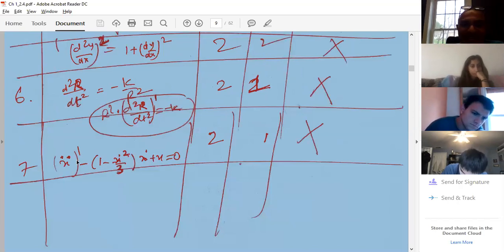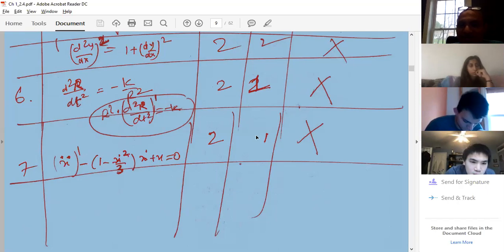What can you say about these? It's very simple, right? X double dot means d squared x by dt squared. X is the dependent variable, and dt is the independent. It is a different notation for a differential equation. X double dot to the power 1, minus x dot squared, 3 x dot plus x equals 0. d squared x by dt squared: highest derivative is 2, order is 2.